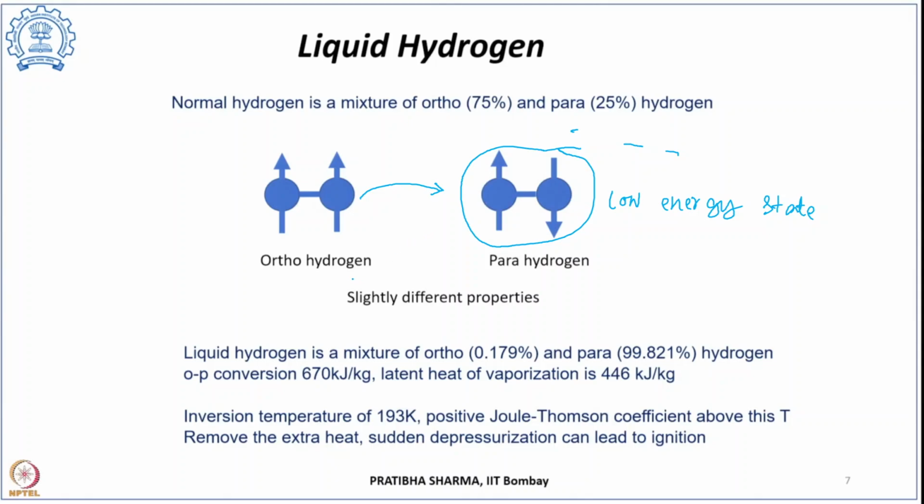This higher amount of heat released during the conversion can make the hydrogen explode. So during the conversion from ortho to para hydrogen, you should remove the heat from the system. This you have to remember.